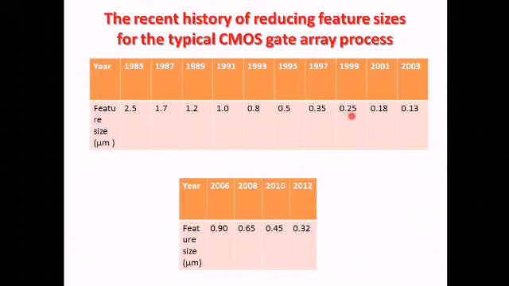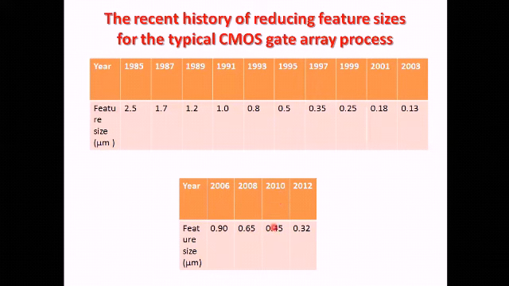In 1999, it is 0.25. In 2001, it is 0.18. In 2003, it is 0.13, or you can say it is 130 nanometer also. In 2006, it is 0.90, that is 90 nanometer. In 2008, it is 0.65 micrometer, that is 65 nanometer.